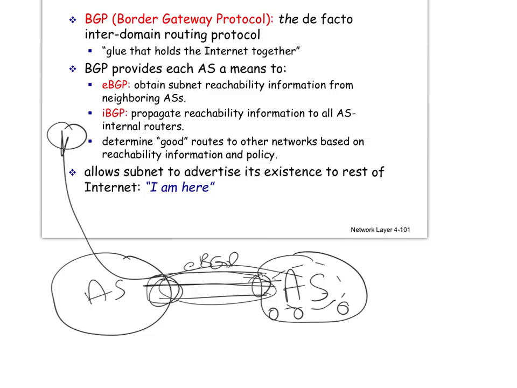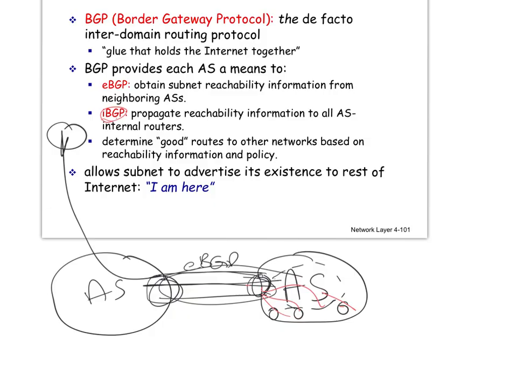So the part of the border gateway which is responsible for communicating this reachability to the internal routers here is what we call interior border gateway protocol. Okay, so we'll see how this is done.